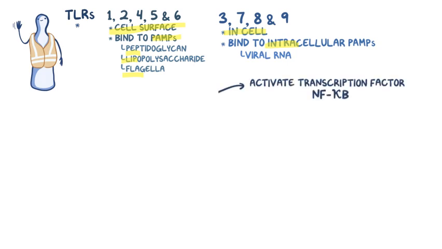Okay. Those TLRs are going to activate something inside of the cell, and that is going to be a transcription factor that is going to go all the way to the nucleus and tell your cell to start making proteins to kill the pathogen.